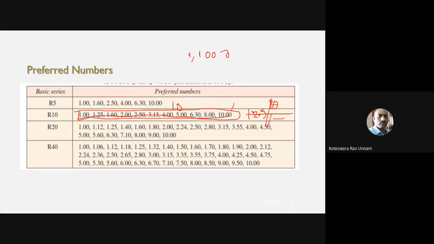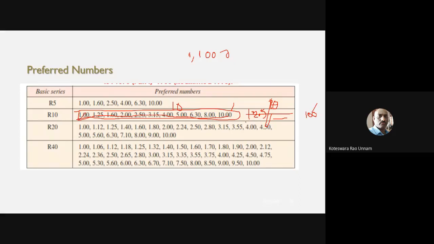Then 16, 20, 25, 31.5, 40, 50, 63, 80 and 100. So the last number is 100, and I am able to generate the numbers from 1 to 100.